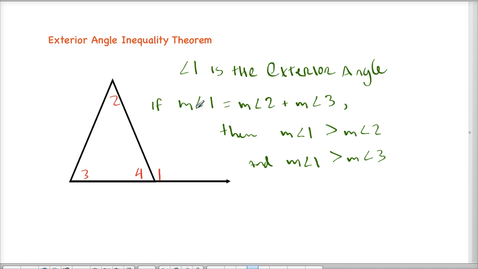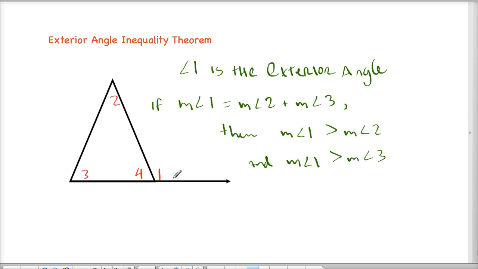So this exterior angle is greater than each one of these individually, right? And that makes sense because the two of them together add up to be this angle. And so if you just take one part, the smaller part, measure of angle 2, then you know that it's got to be less than the measure of angle 1 because it's missing the other piece that together they add up to that. Okay, so that's what the exterior angle inequality theorem says.